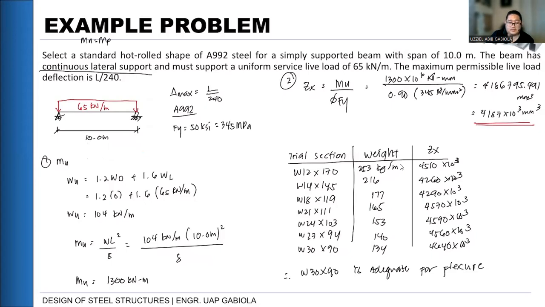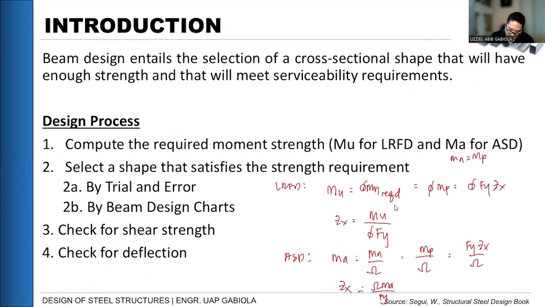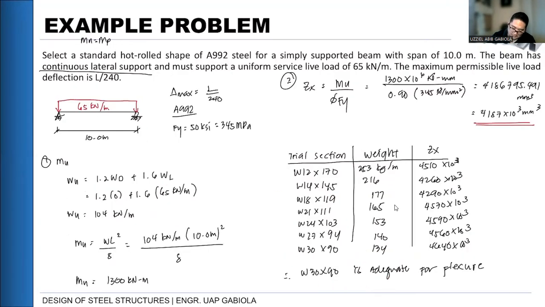Okay? So, ang capacity na nakukuha natin is 1319. Okay. Next is to check kung yung mga step natin. Check for shear strength. Okay? Check for shear strength tayo.